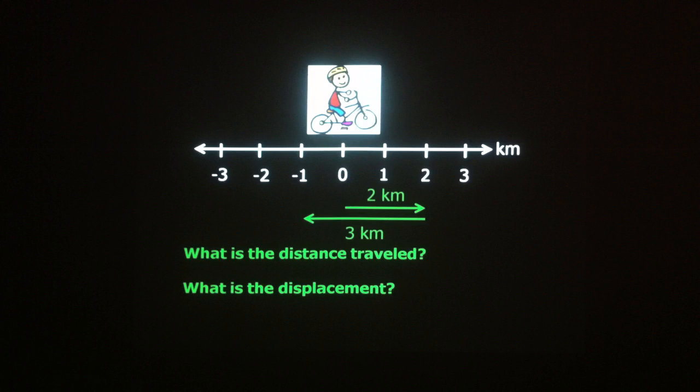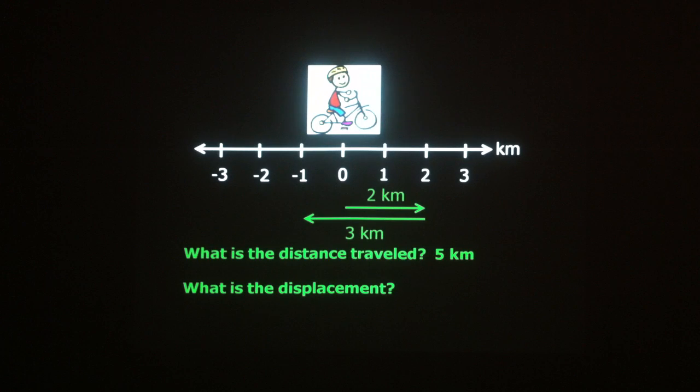So the first question is, what is the total distance traveled? The total length of movements, we need to add those 2 together. What do we get? That's right, we get 5 kilometers. The student bicycled 2 kilometers to the store and then 3 kilometers back to a friend's house. So 5 total kilometers.